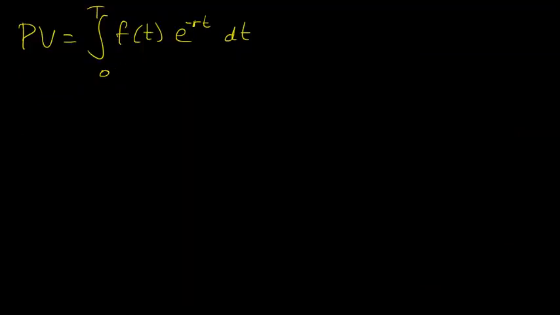Okay, so now let's put the numbers in. In this case, the upper limit T is 25 and the lower limit is 0. The f(t) is the initial fund, which is 1000. And then we have e to the power of minus the rate, 8% or 0.08 t, dt.